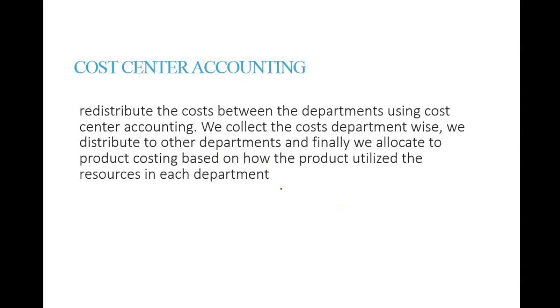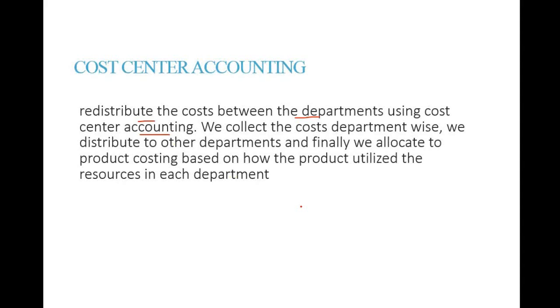Now, what we are going to learn in cost center accounting. We use these cost centers to distribute the cost between the departments. For example, the canteen department facilities are used by the production department and other departments.